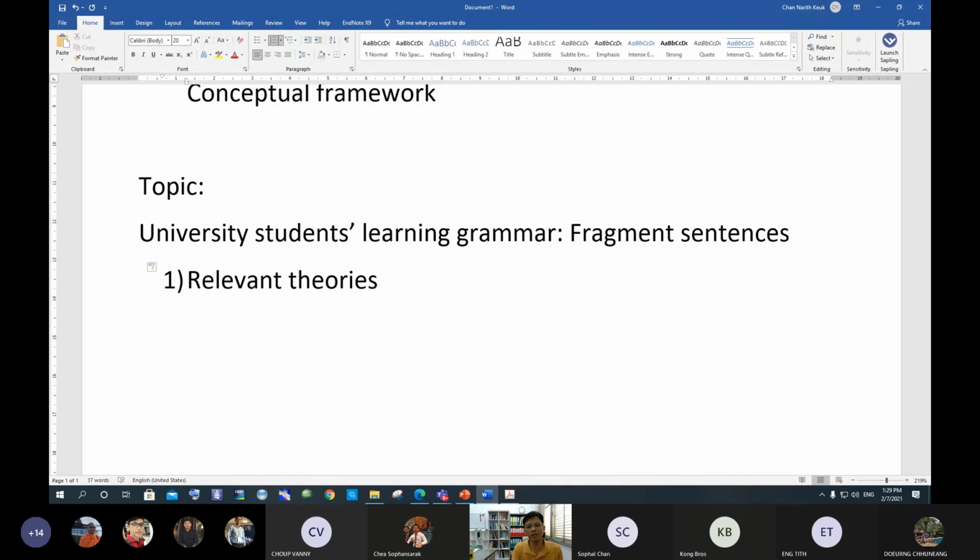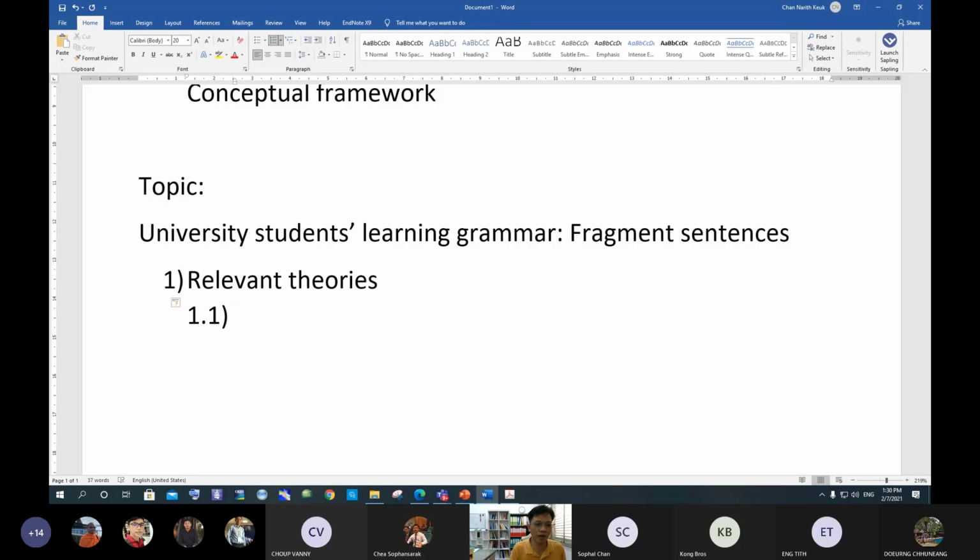It doesn't matter if you start with learning theory or linguistic theory or any other principle, but you have to be able to pick which theory is aligned with and supports your topic here, university students learning grammar, and you pick up fragment sentences. Then, to some extent, you need to review all the things.